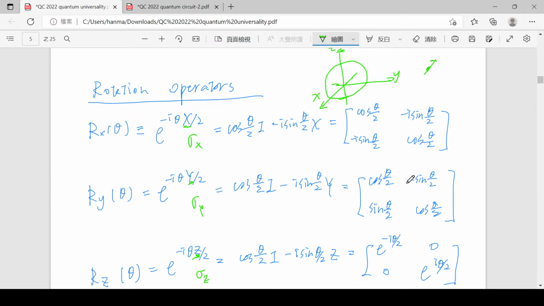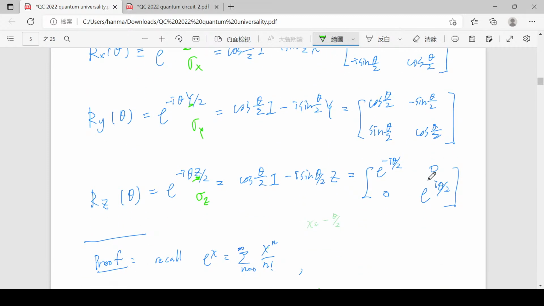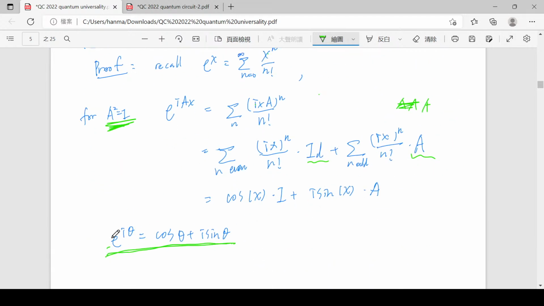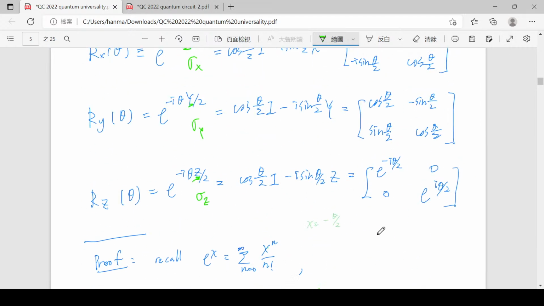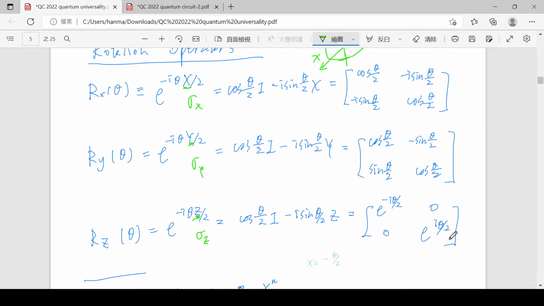But Y has minus i and i, so you get something different here. And Z is also diagonal. So we actually combine the cosine theta over 2 and the i sine theta over 2 together into those exponential ones again. You can do that, just use the Euler formula.